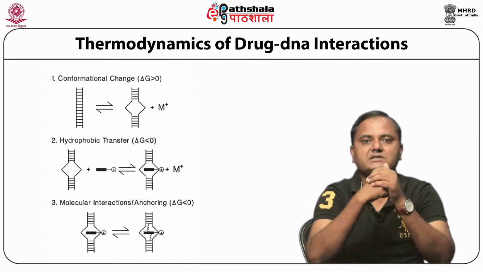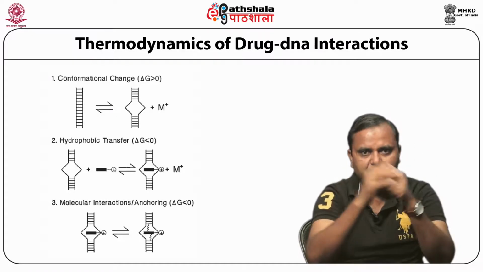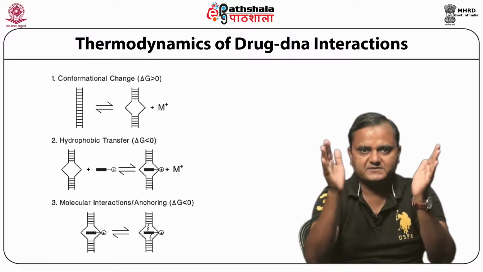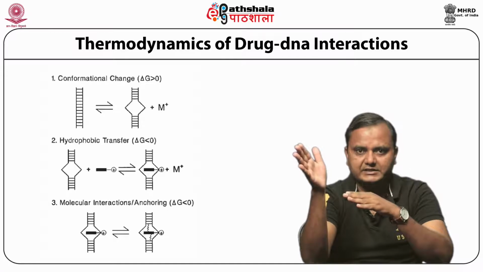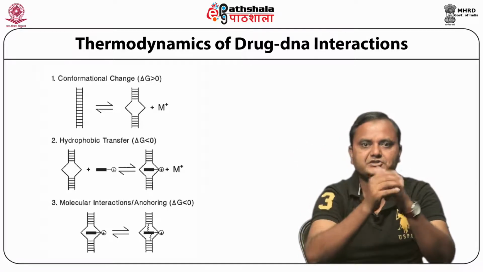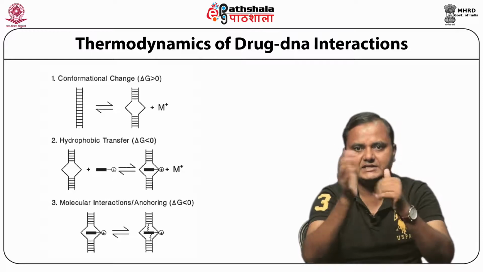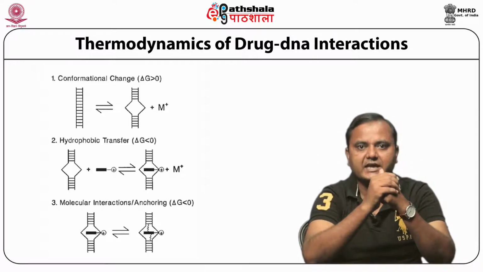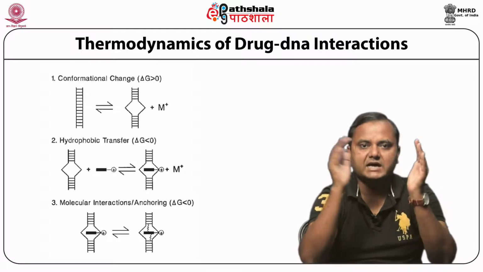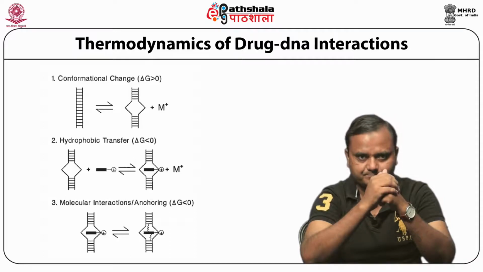Now we discuss the thermodynamics of DNA drug interaction. A complete thermodynamic profile, such as the Gibbs free energy of complexation delta G, change in enthalpy delta H, change in entropy delta S, and the heat capacity delta Cp of drug DNA interaction, can be obtained by using high sensitivity microcalorimetry techniques.